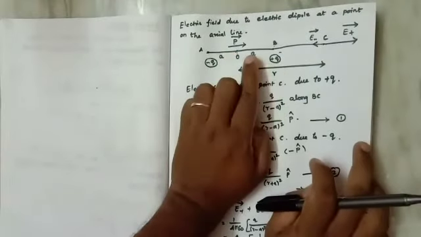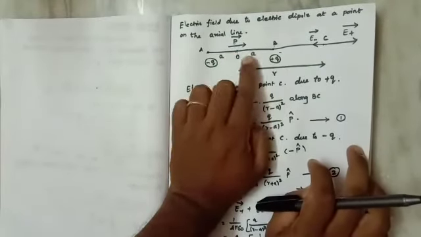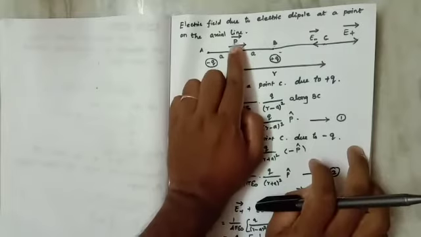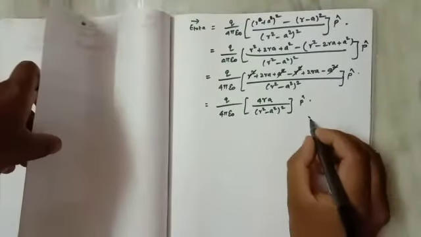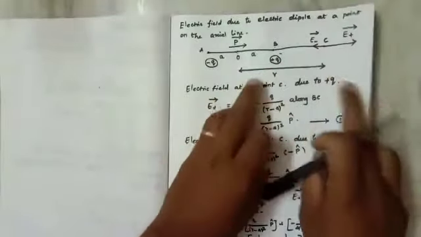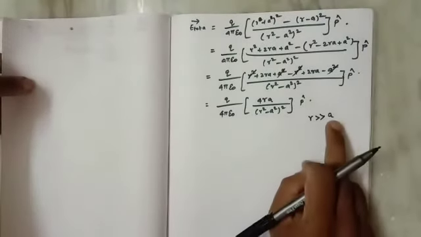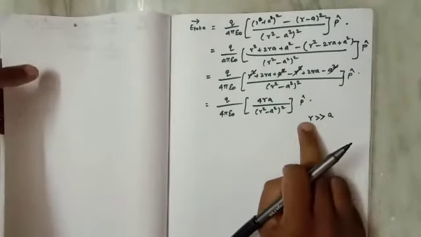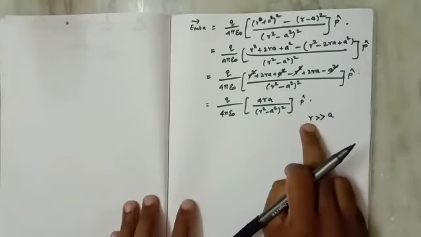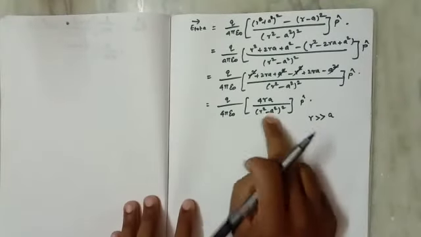So A means the distance of the positive charge or the negative charge from the midpoint of the dipole. Now we can compare R with A: R is very much greater than A. A is very small compared to R, so we can neglect A in this equation.